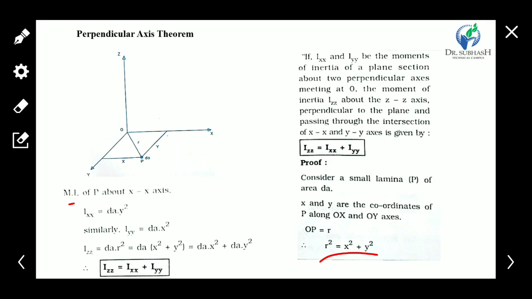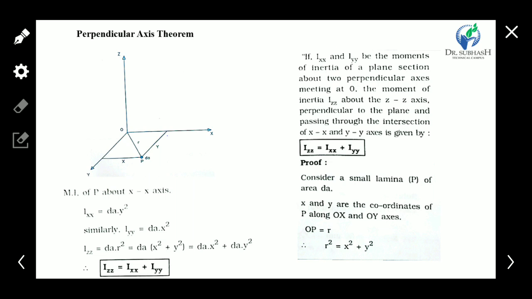Now the moment of inertia of P about the x axis: Ixx, the moment of inertia about the x axis for a lamina P, is equal to the area dA into the distance about the x axis, which is y, so dA y square.